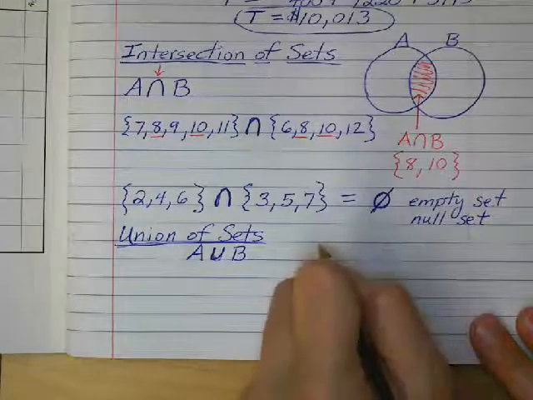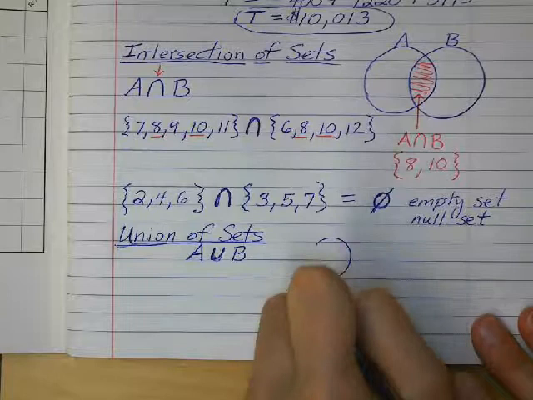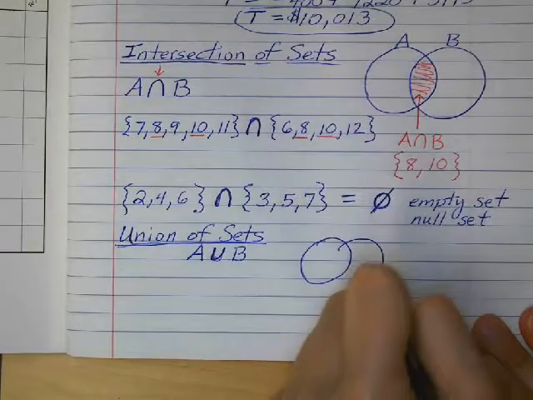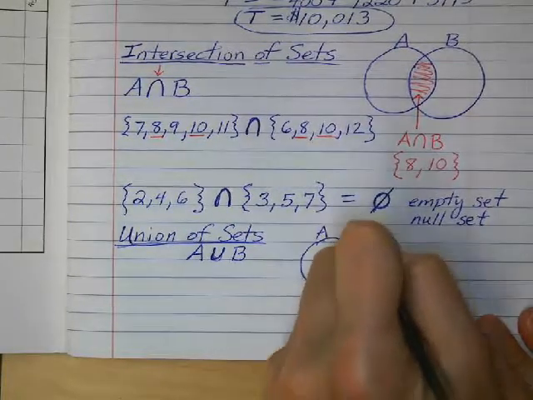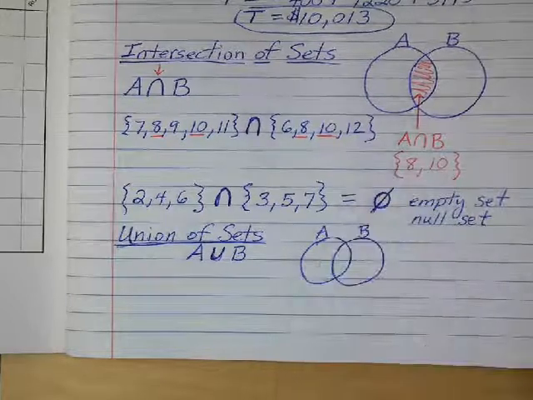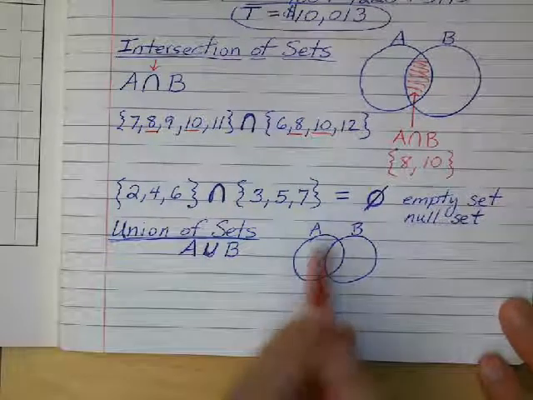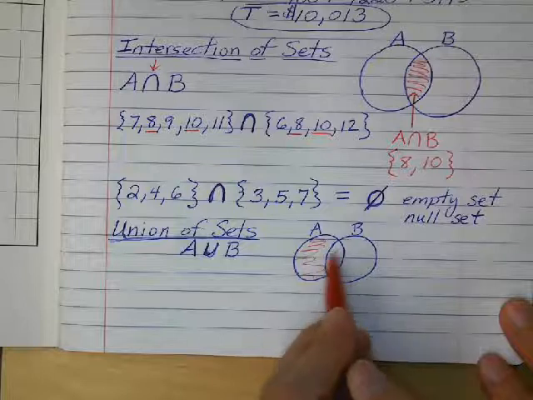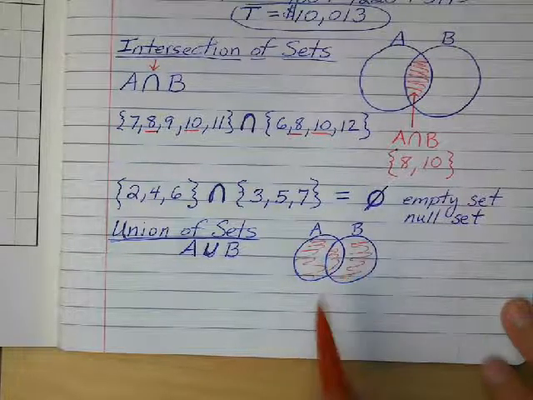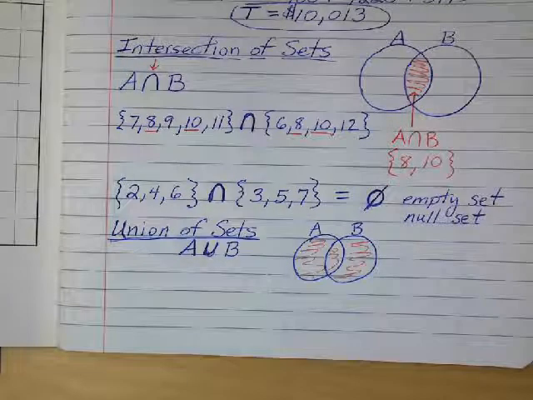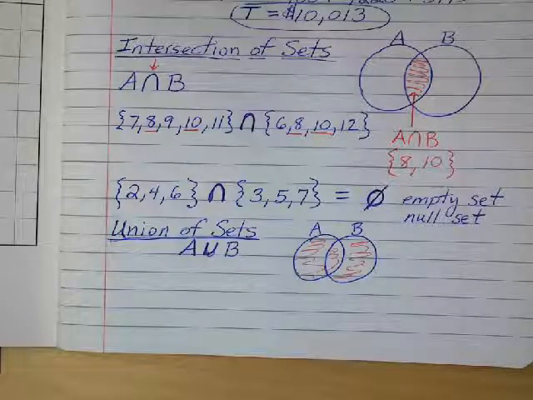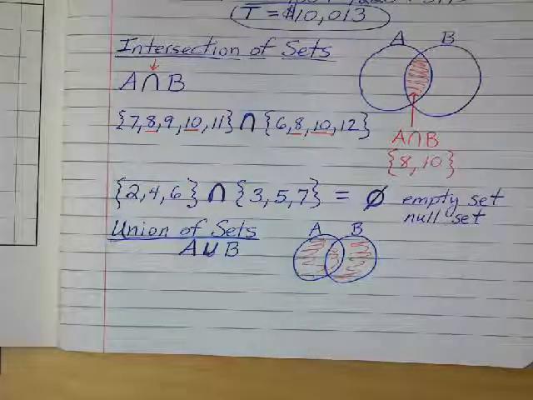If I draw it with those circles again, what are we looking for with A union B? What you're looking for is everything. It's like putting both sets together. You want everything within this set and everything in the other set, all of it put together.